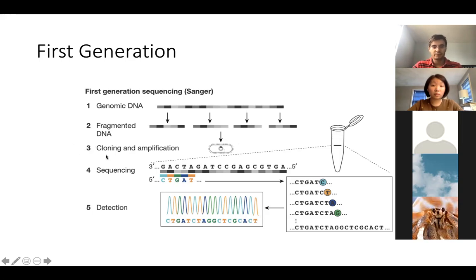And this type of technology relies on the amount of DNA that is being analyzed. My understanding is that you need huge amounts of DNA compared to what we do today, where we use way less.